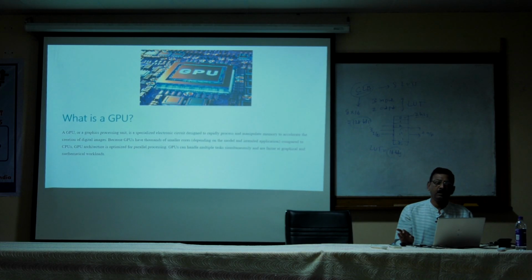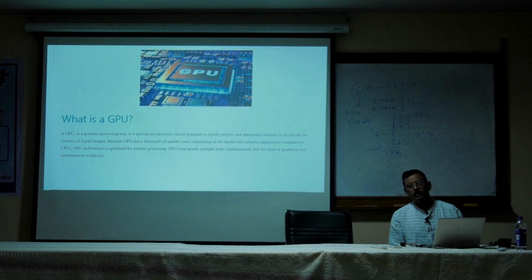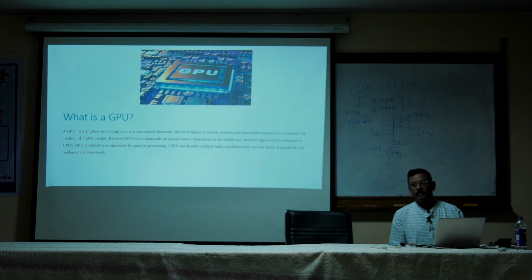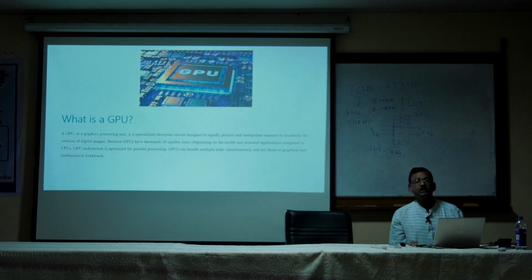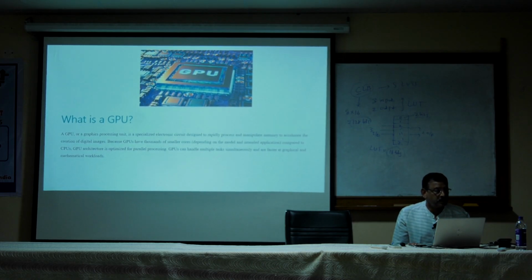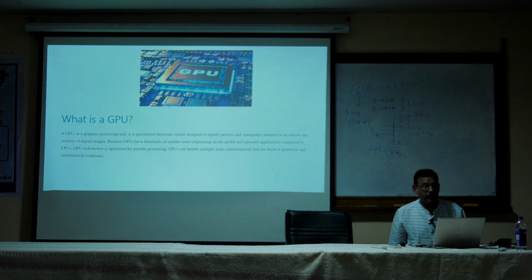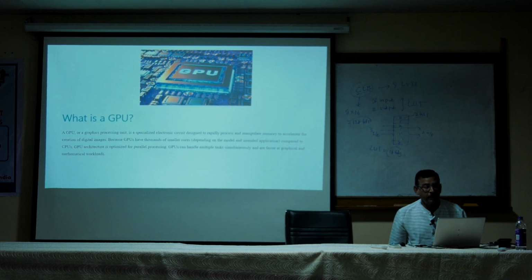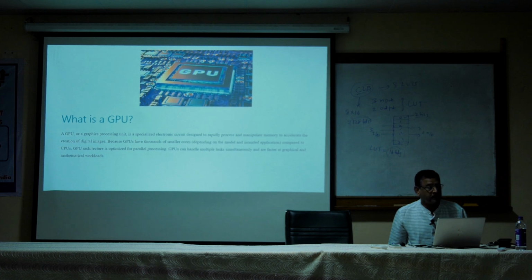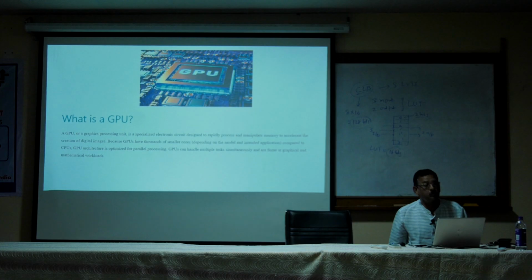Addition, subtraction, multiplication: these are simple integer or floating point operations. Processor cores are not like that. The internal architecture is highly pipelined, superscalar, super-pipelined. That type of architecture is in the CPU cores. A GPU, or graphics processing unit, is a specialized electronic circuit designed to rapidly process and manipulate memory to accelerate the creation of digital images, because GPUs have thousands of smaller cores.